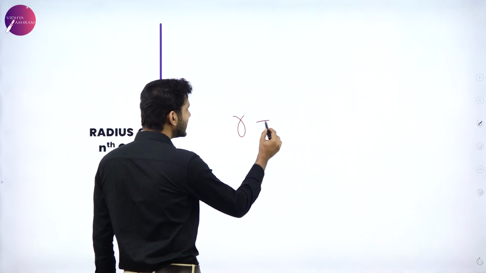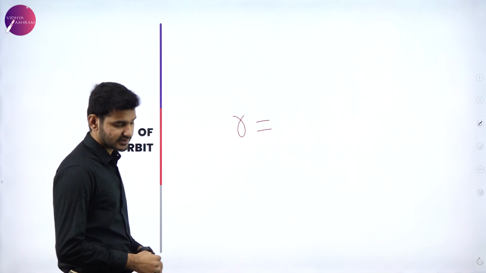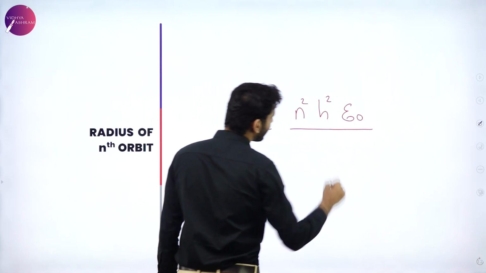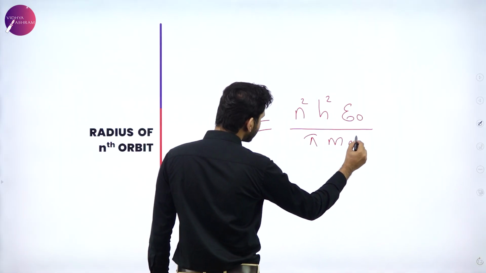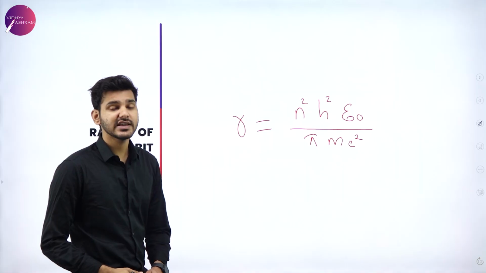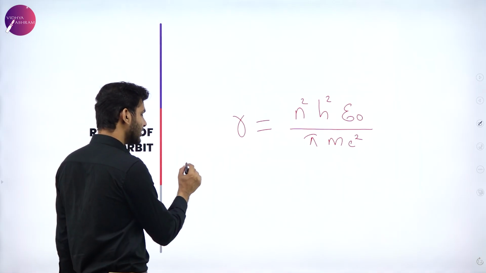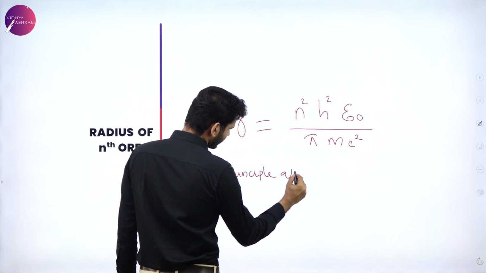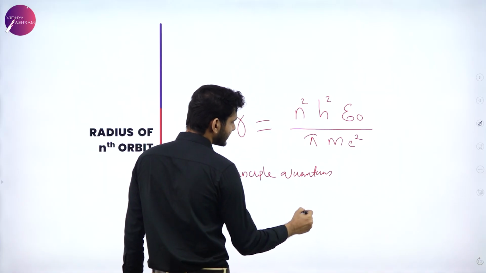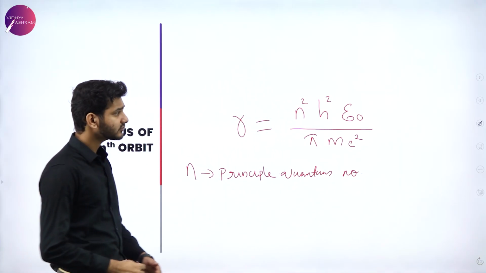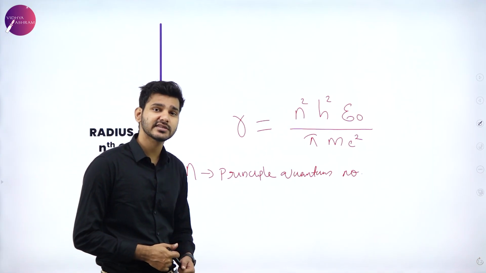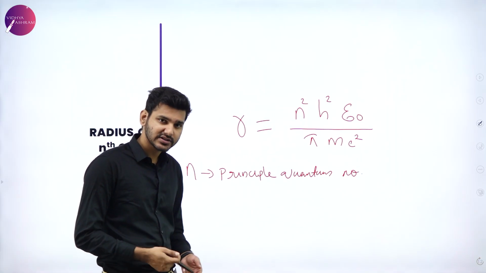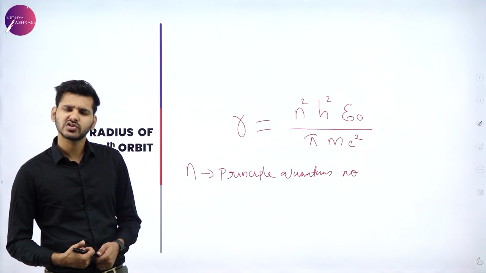If r is the radius of the nth orbit, then n square h square epsilon naught divided by pi m e square gives you the radius of the nth orbit, where n is the principal quantum number, h is Planck's constant, epsilon naught, as you already know from the first chapter, is the electrical permittivity, pi is a constant, m is the mass of the electron, and e is the charge of the electron.